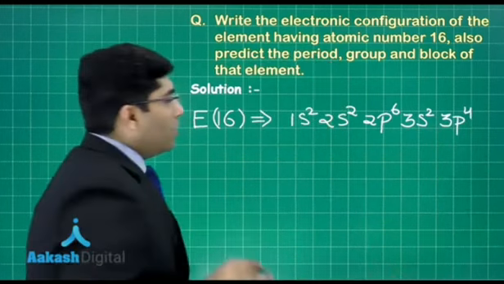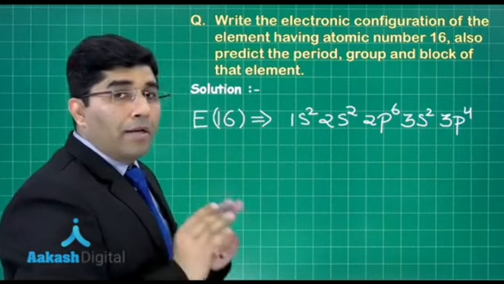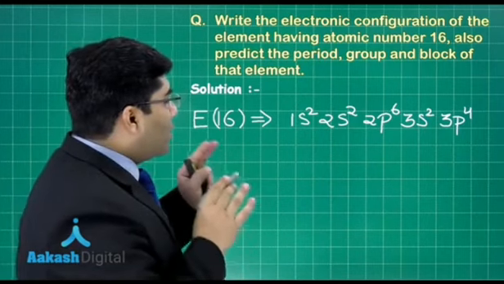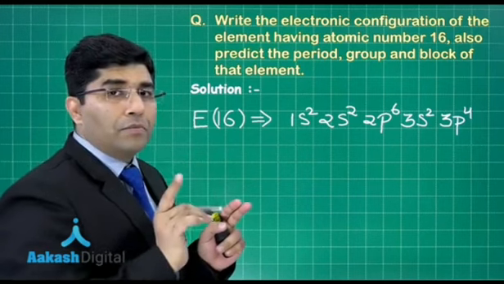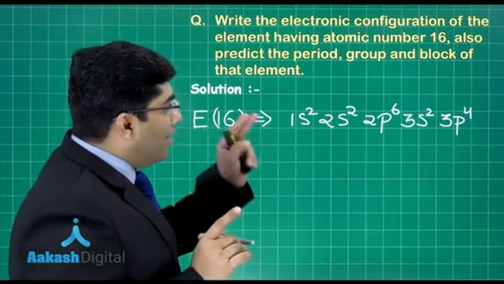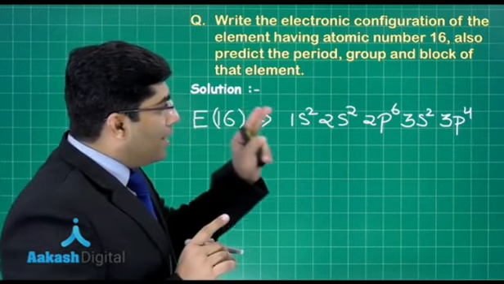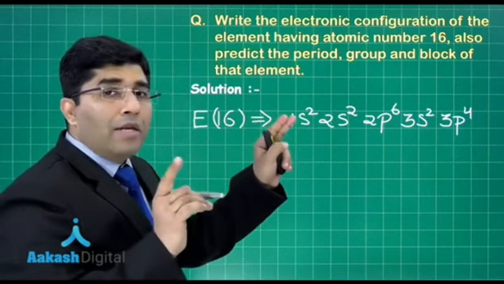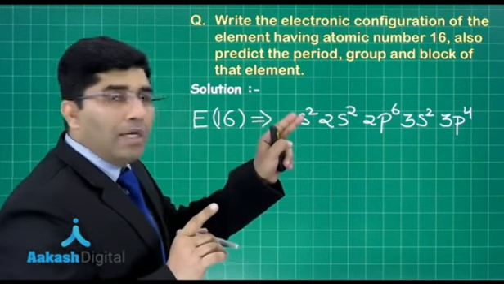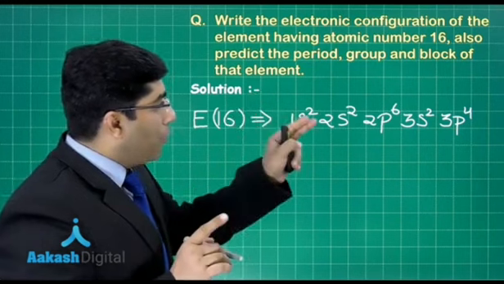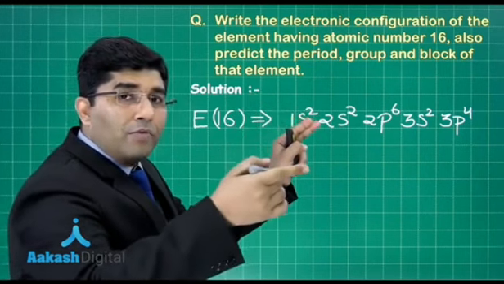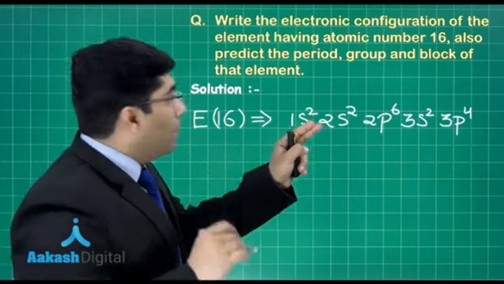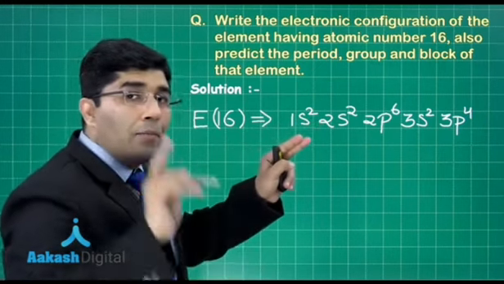So this is the electronic configuration. Whenever this question comes, you have to find the block first. In this electronic configuration, we can clearly see the last electron is present in the p subshell, and this is p4; after this p5 will come and p6 will come. It means that this element is present in the p block.